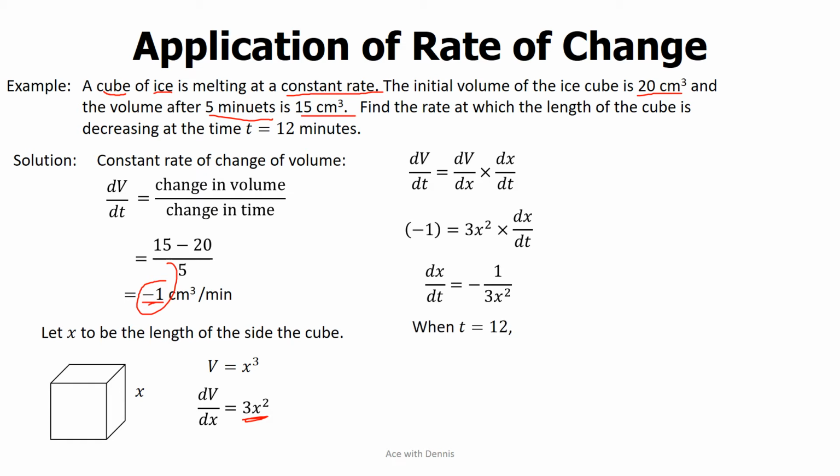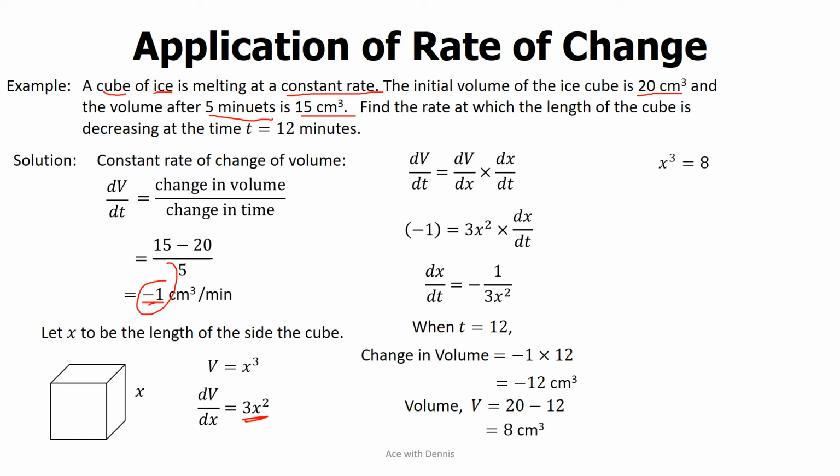When t is 12, the change in volume will be negative 1 times 12, which is negative 12 cm cubed. So the volume V will be 20 minus 12, and we get 8 cm cubed. It means that x cubed equals 8 and x is 2.